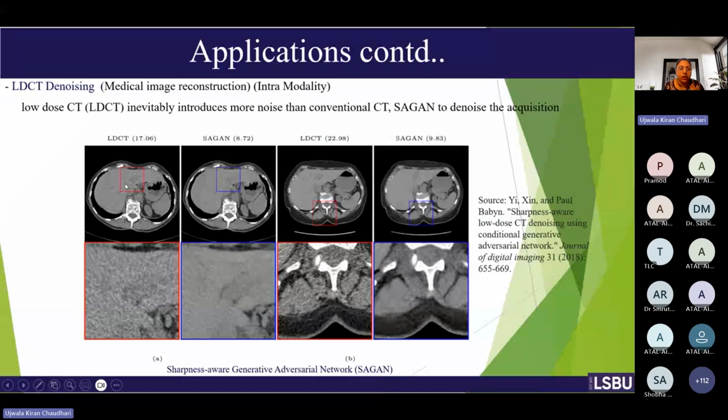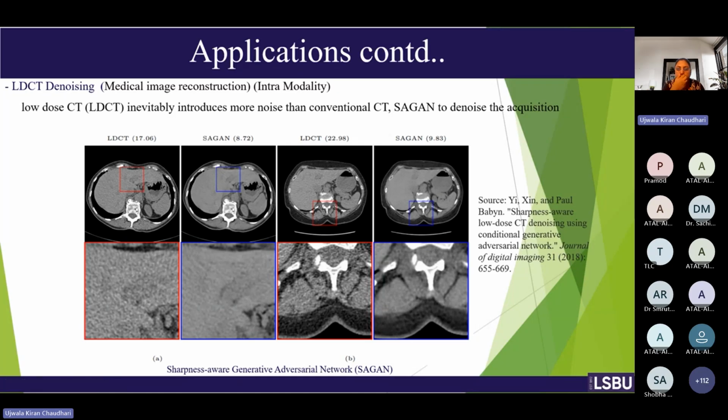Here, the first column is showing the LDCT, the low dose CT scan images, and then after applying the GAN model, in the next column you see that the quality of the image has been improved.